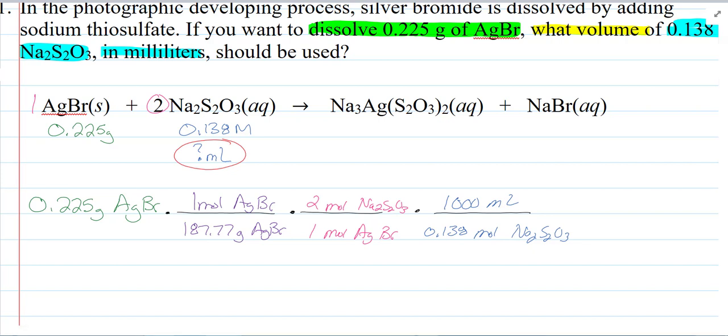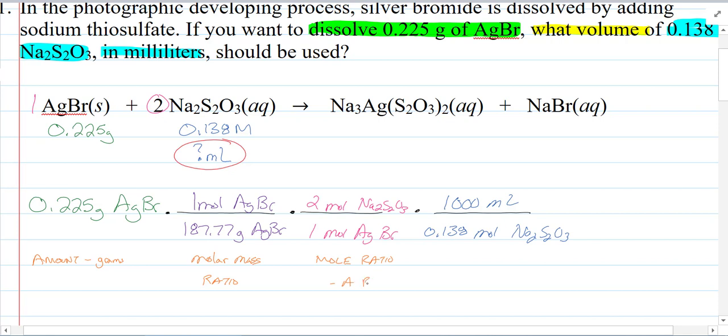Let's recap. This is my amount in grams. This is a molar mass, which is a ratio. This is my mole ratio, which of course is a ratio. This is our molarity, which again is a ratio.